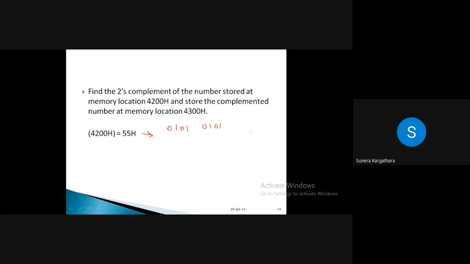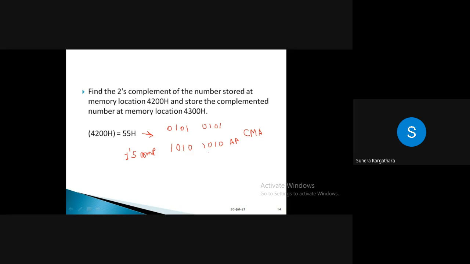First I'll write CMA, which will complement the content of the accumulator. So it will become 1 0 1 0 1 0 1 0, and you will get the 1's complement. Yes or no? Yes. A and A.